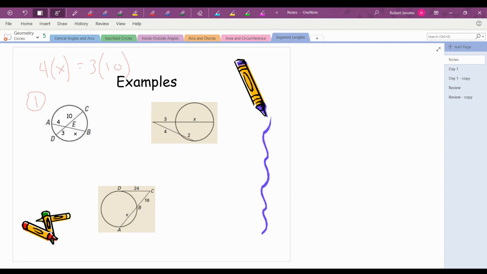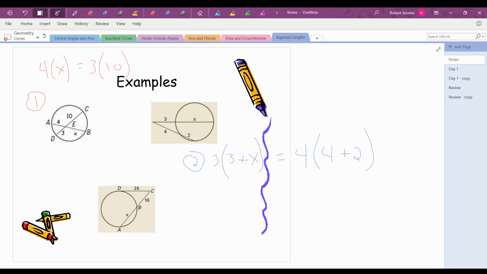In number 2, we have secants. So remember, with our secant, we do the outside times the whole thing. So we have to take 3 plus x. And again, the outside times the whole thing, 4 plus 2 in this case.